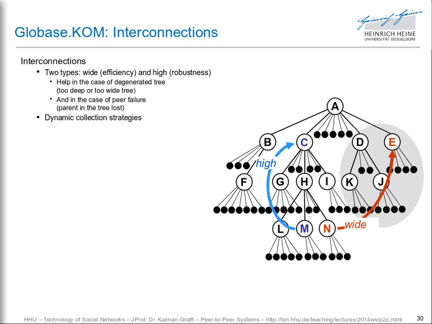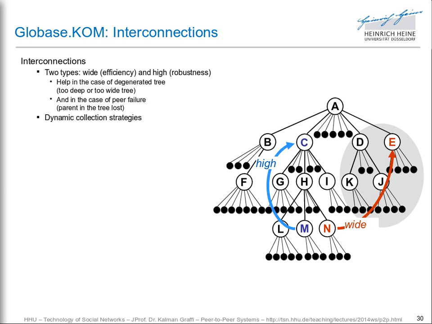Now we have the tree structure, but what can we do if a node goes offline? For example, if peer H goes offline, then the tree with L, M, N as super peers will be cut off from this tree. This is why we need interconnections in this tree structure, and there are two different interconnections.